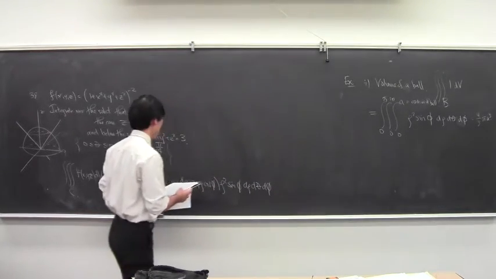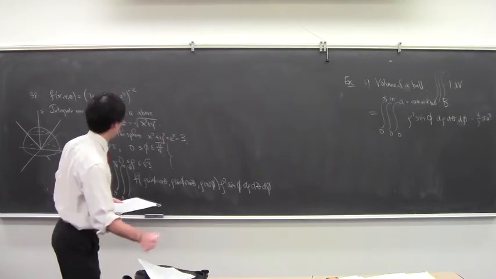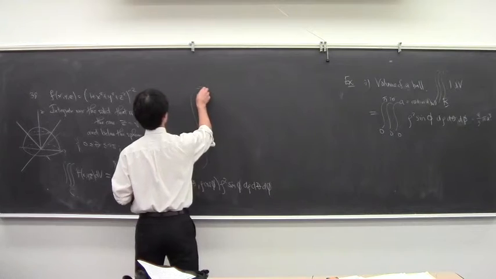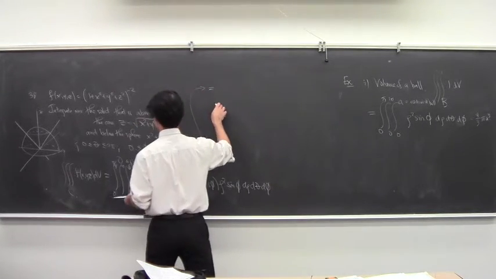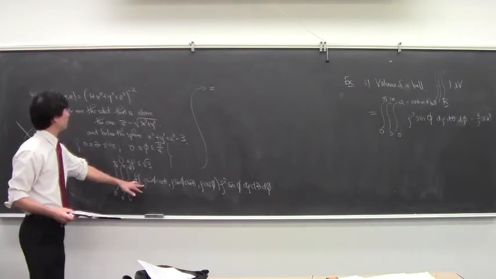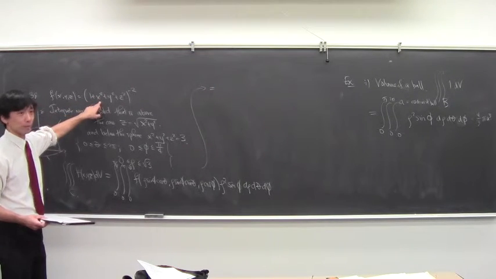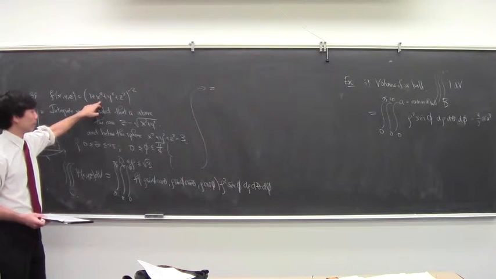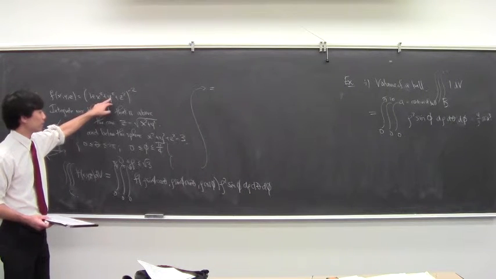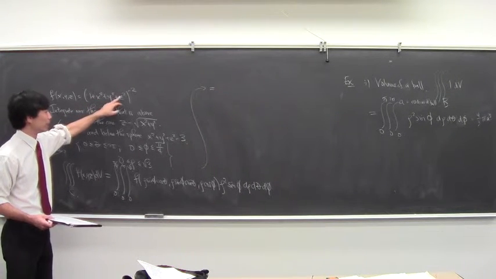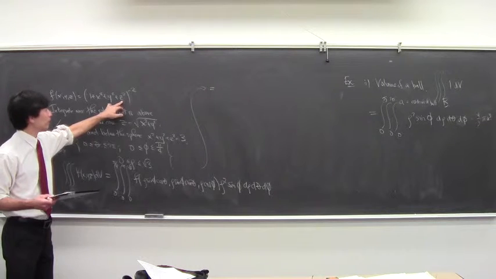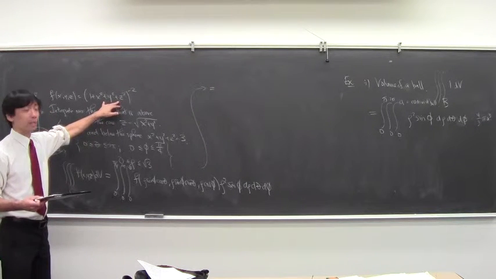So if you wanted, you could work this out. We take f and substitute in rho sine phi cosine theta for x, rho sine phi sine theta for y, and rho cosine phi for z.